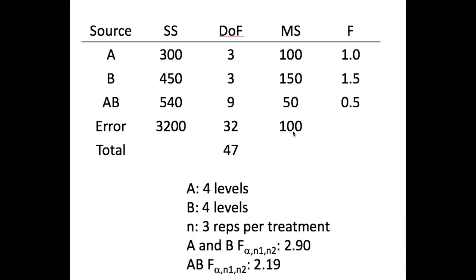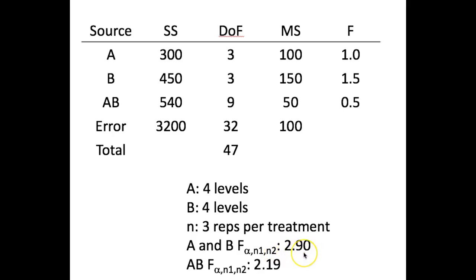This is not always the case, but it's what happened here, and it's affecting all of our F values. It's also affecting our critical values for F alpha. Because we have N2 is 32 now, instead of 8, that will change our critical value.